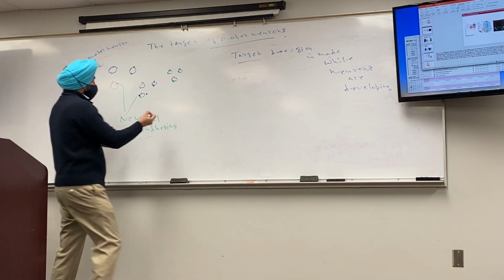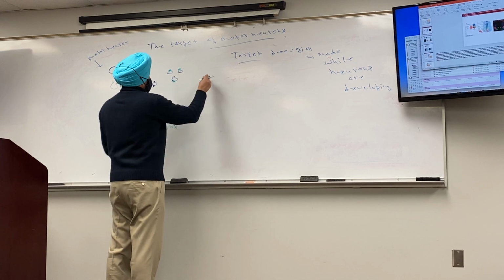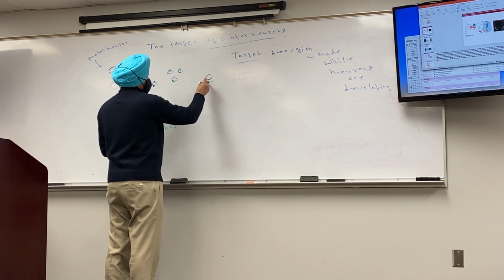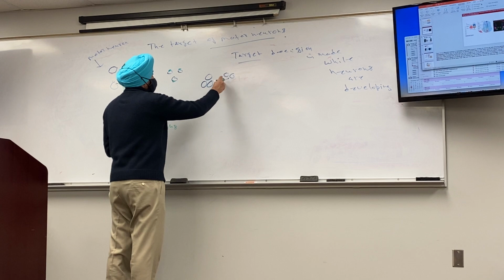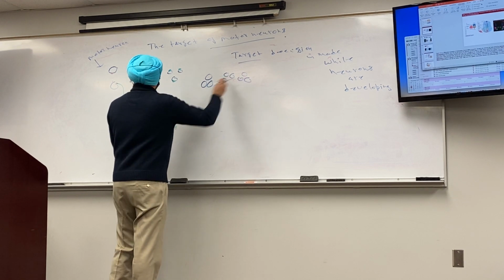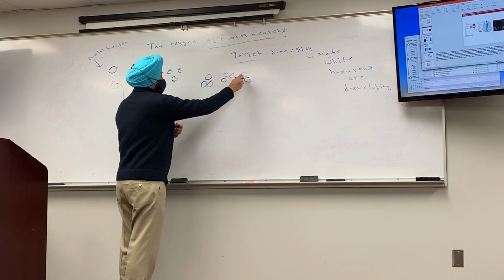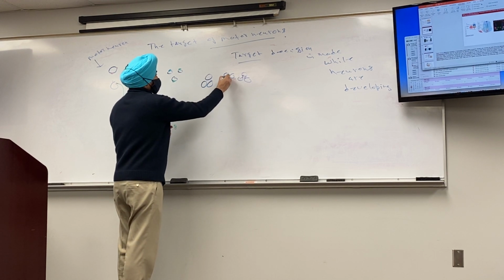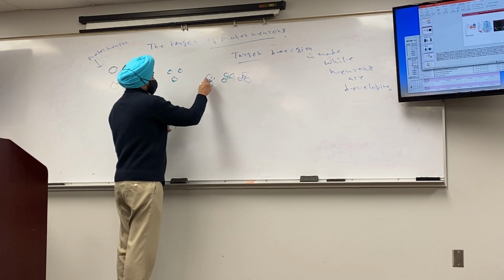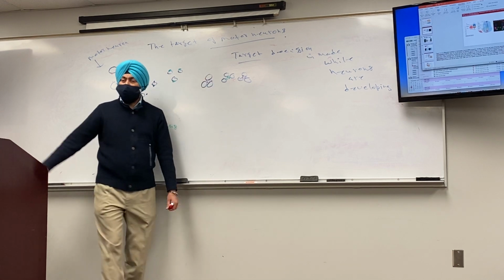We will have a group of neurons right here, 1, 2, 3, 1, 2, 3, 1, 2, 3, and if they have similar cadherin, they are going to bundle together.